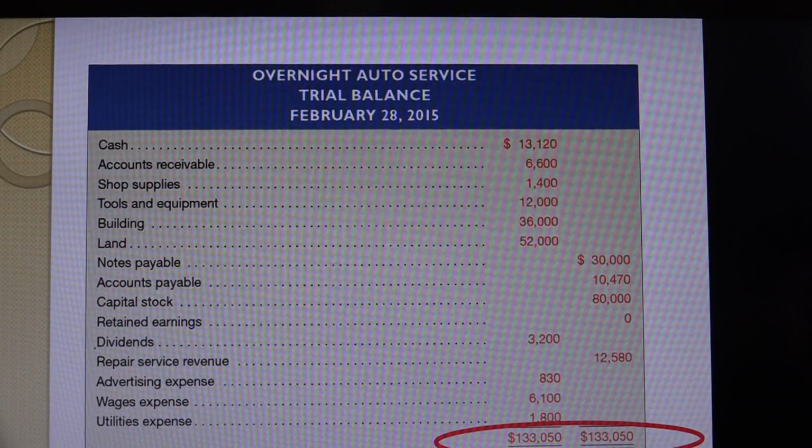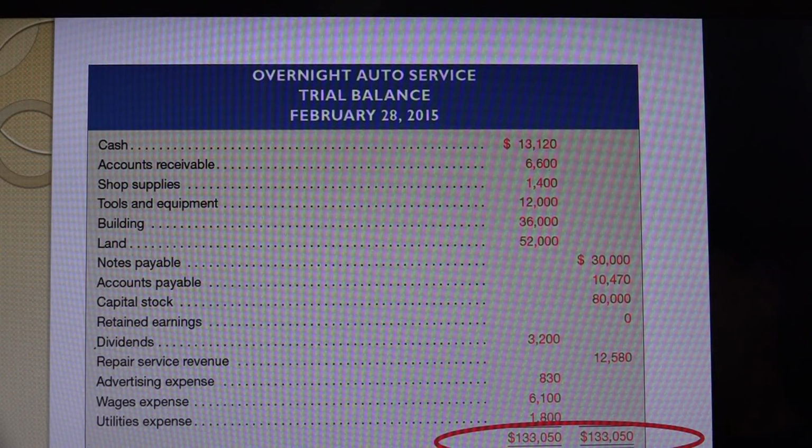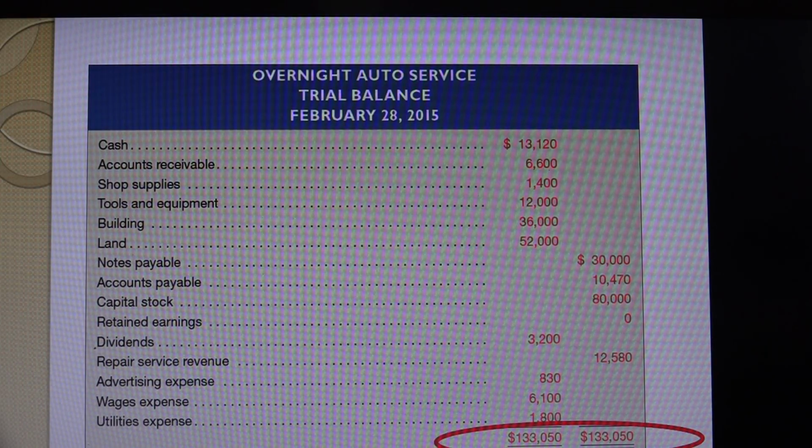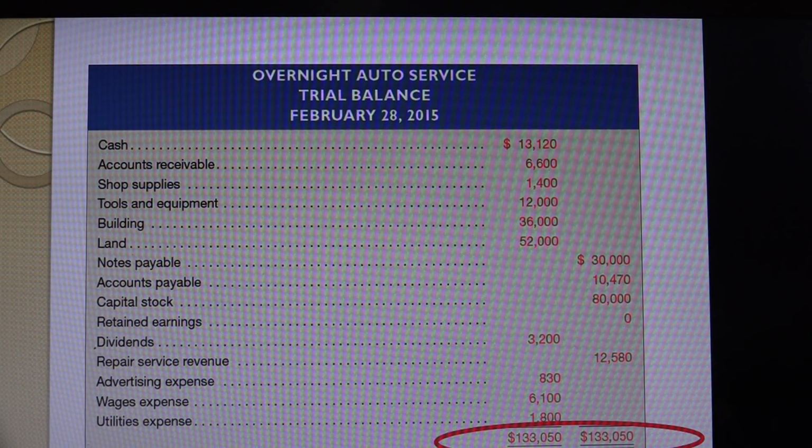You might have transcribed the numbers, 9780 as 9870, for both the debit and credit. If you do that, debits and credits are still going to be the same, but it doesn't mean it's correct.